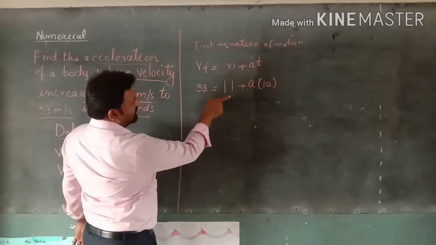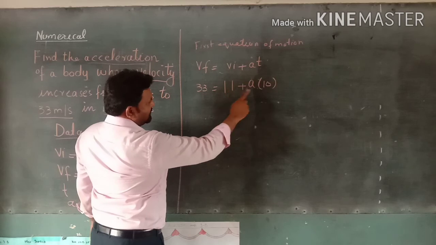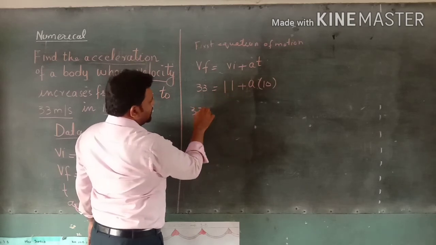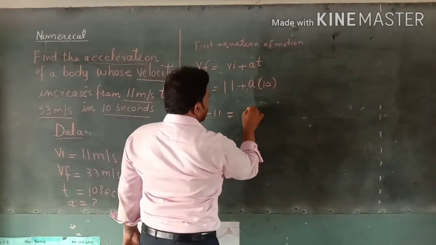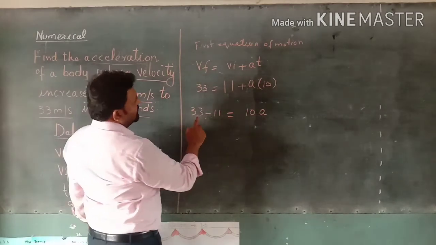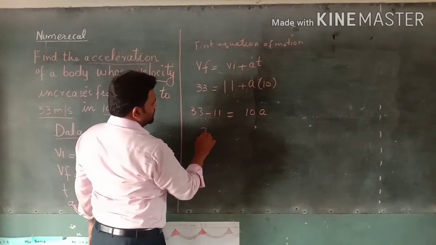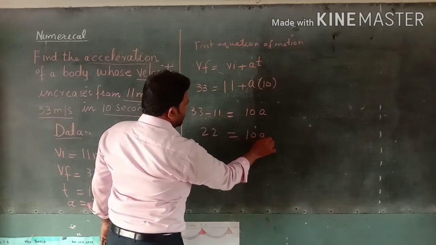Now we will subtract 11 from 33 because 11 is being added. So 33 minus 11 is equal to a multiplied by 10, meaning 10a. So 33 minus 11 gives 22 is equal to 10a.